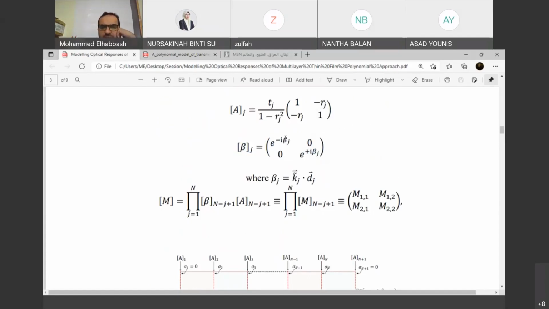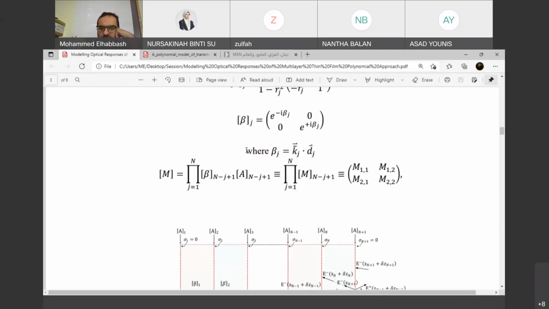The beta inside the matrix is defined by the dot or inner product between the wave vector and thickness. So the thickness plays a role when the electromagnetic field passes through any layer. If we change the thickness, then this beta will change, and this will change everything in our matrix.